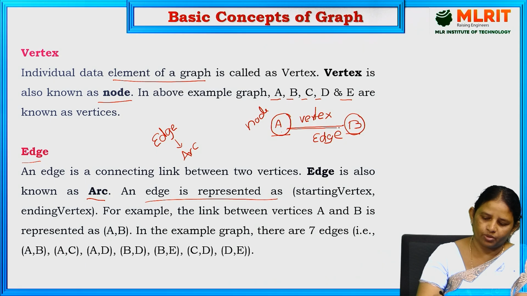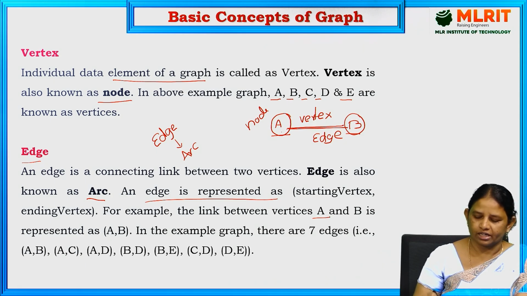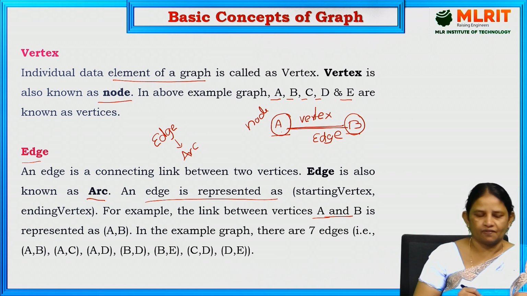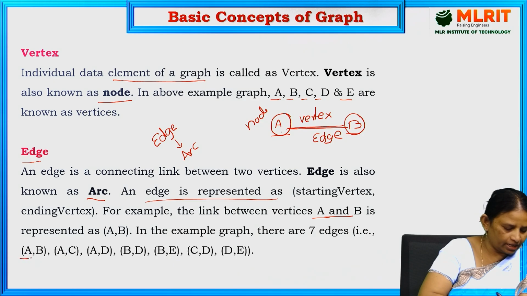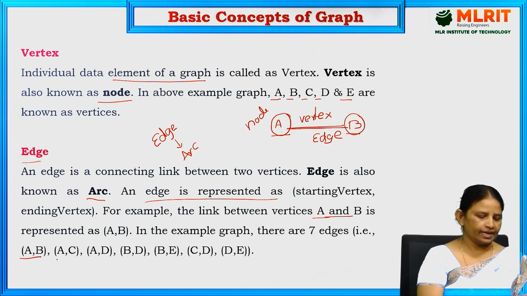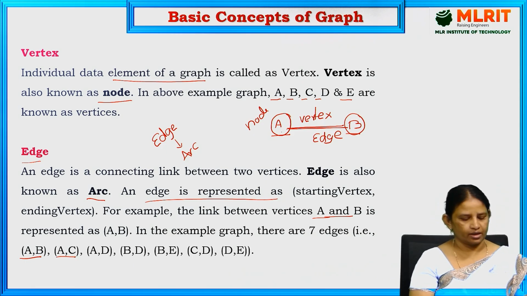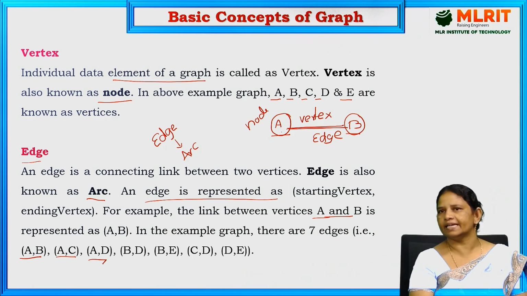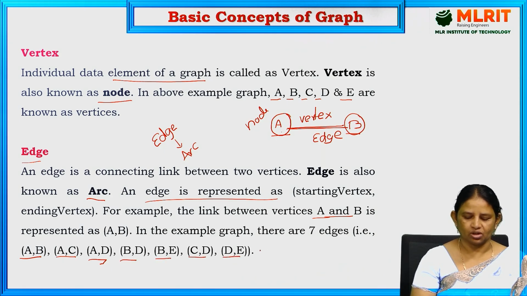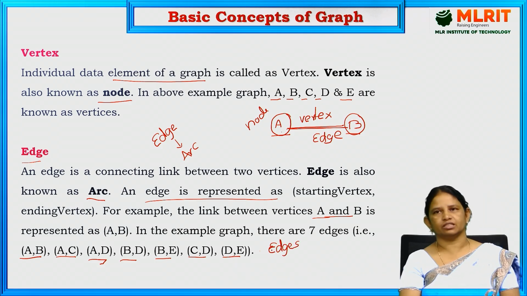In the previous example, A to B is connected, so AB is called an edge, and A to C is also connected, so AC is called an edge. Then A to D is also connected, AD is called an edge. BD, BE, CD, these are called edges.